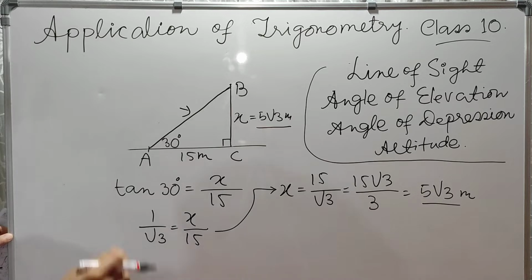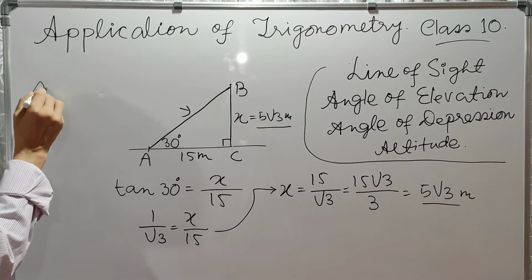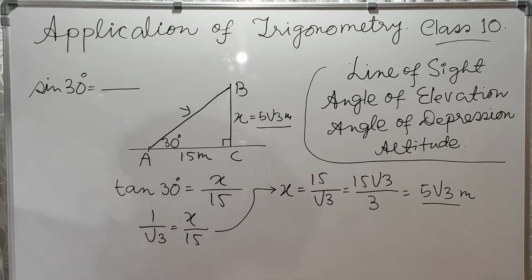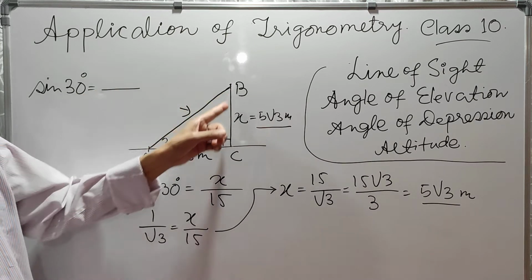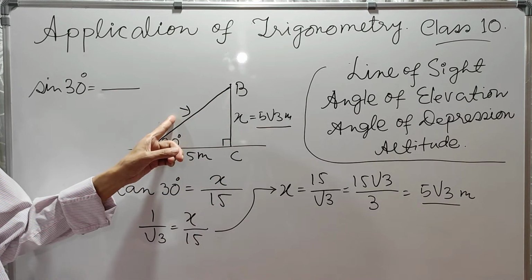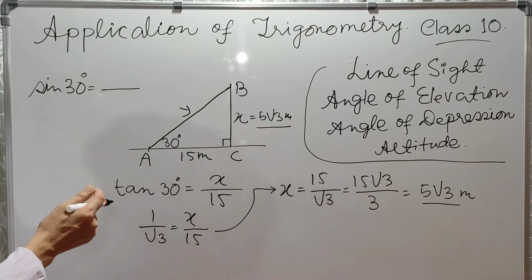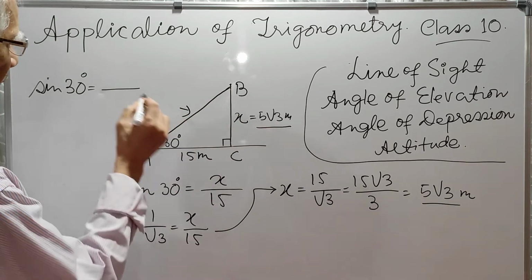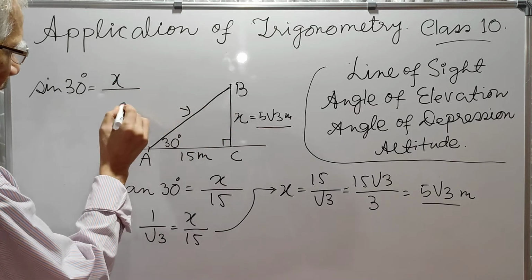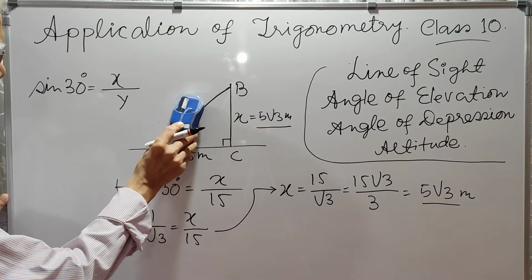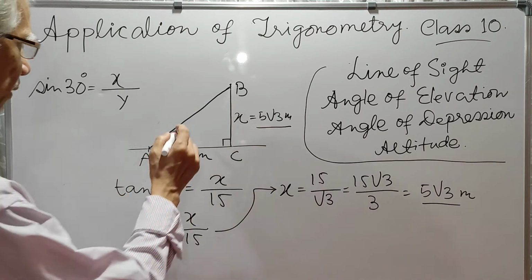Yes. Now let us see sine 30 degree. Sine of 30 degree is what? Opposite by hypotenuse, isn't it? So BC by AB. Now BC is X and AB we have taken Y, all right?